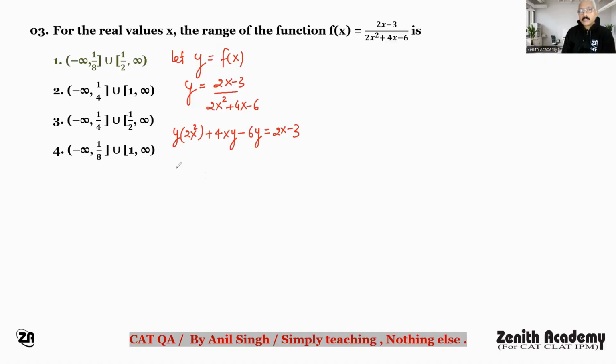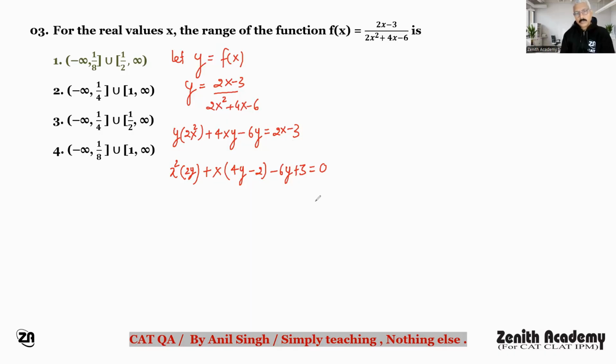We can write it as 2y x square plus, if I bring everything to the left hand side, x common (4y minus 2), and minus 6y plus 3 equal to 0.